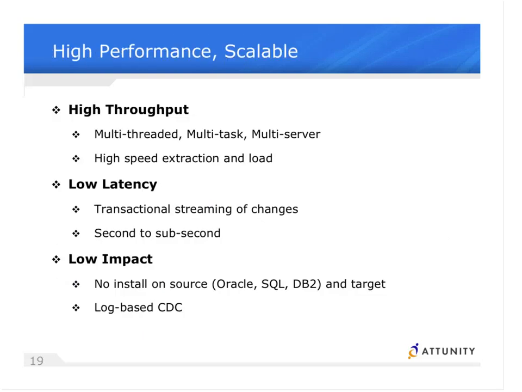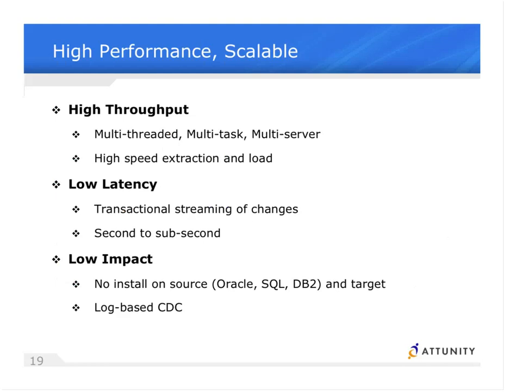So again, high performance, highly scalable. We need to think about taking advantage of what we've got out there with our 64-bit Linux, Windows Server architectures that are fully multi-threaded, multitask, multi-server. The idea that extracting the initial load should not be ignored, that is equally as important to getting this thing running. But while that's running, I should already be aware of what the changes are.